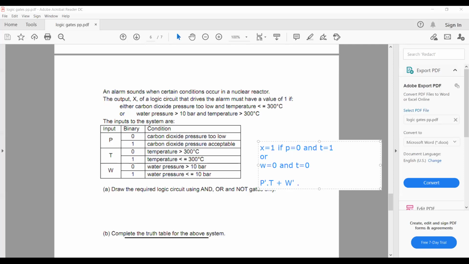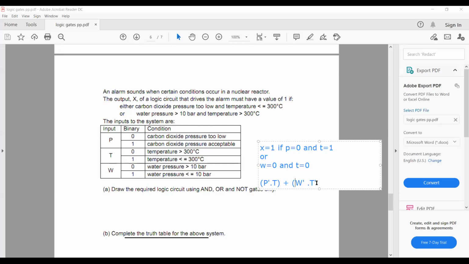T equals 0, again T dash. So this is your output expression. Now it's better, I told you, if you can put brackets.